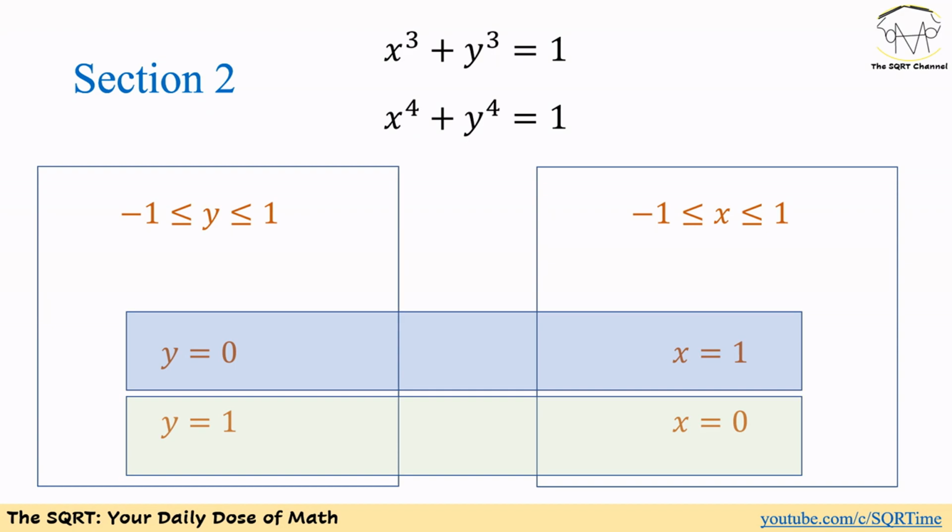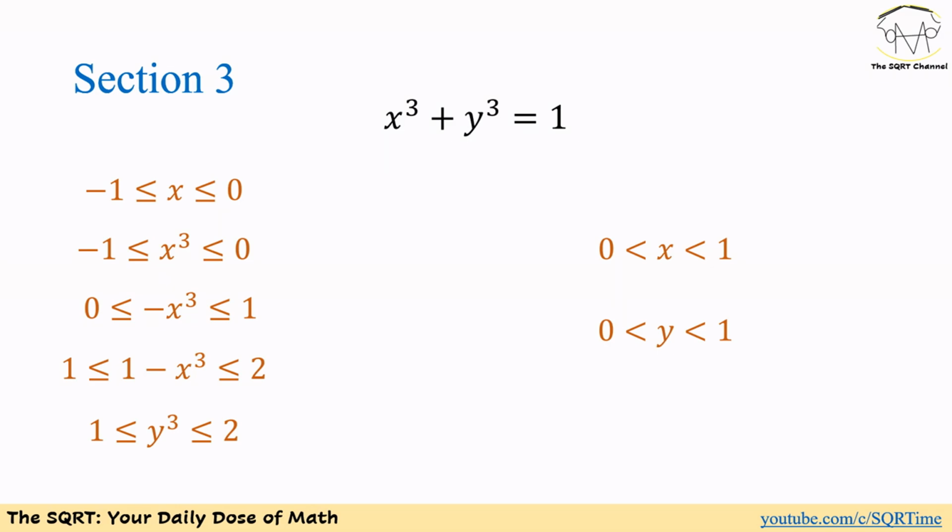And on the other hand, if y is equal to 1, then x is going to be 0. Now the question that we need to answer is, between these two solutions, are we going to have any other solutions or not? We are going to tackle these in the next few minutes.